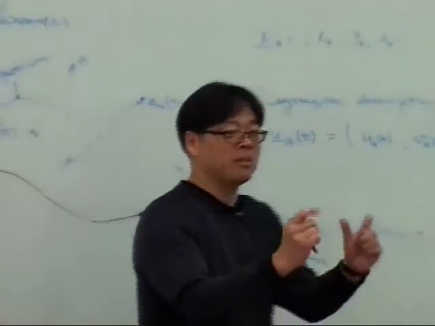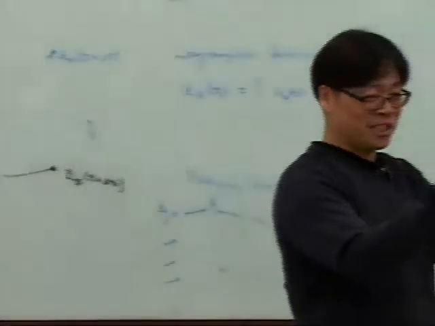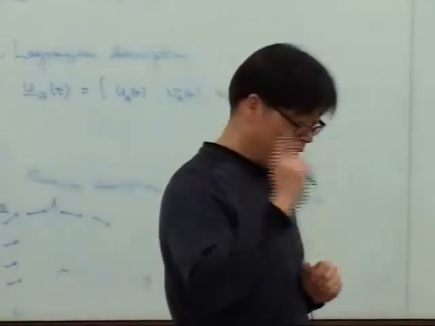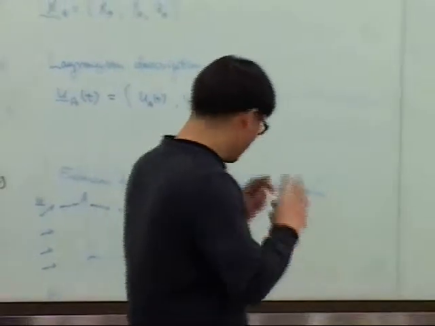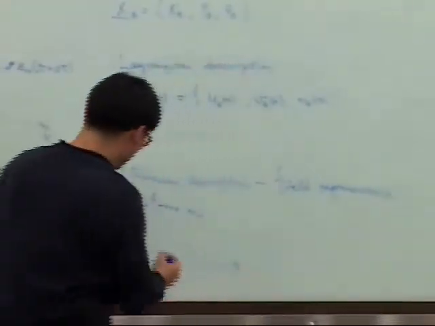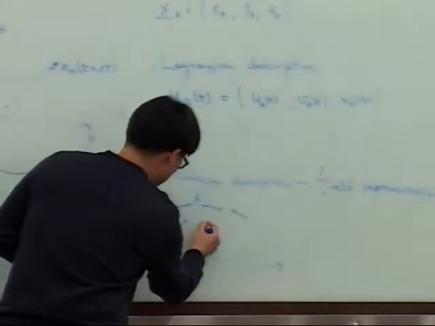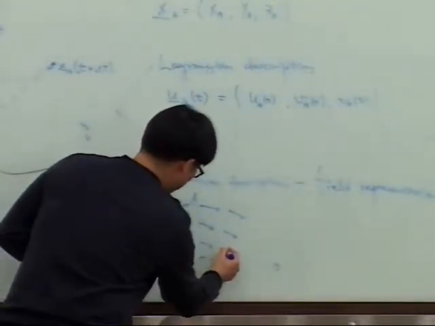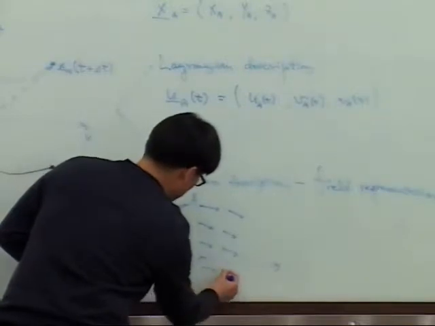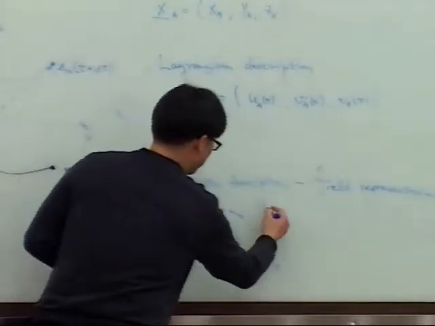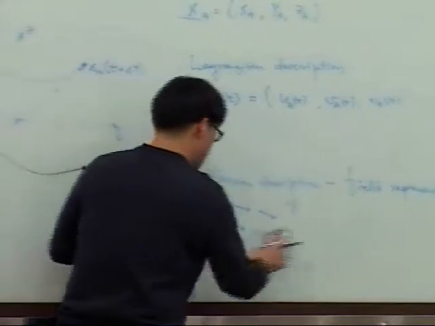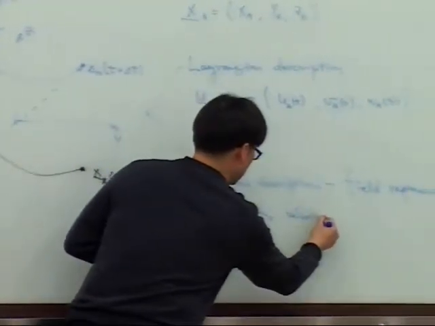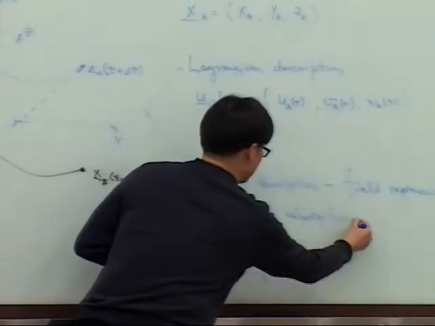If I have a special camera which can measure velocity, by just clicking the camera, I can draw a velocity field like this. So this is a velocity field. Okay.